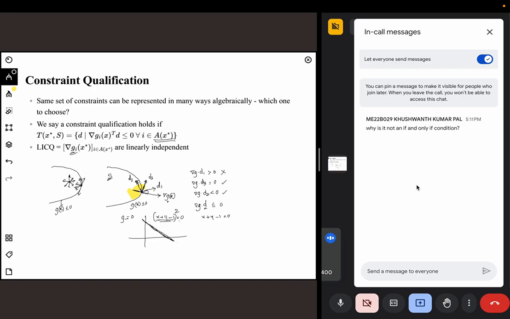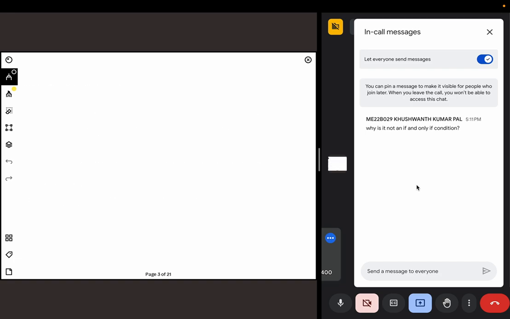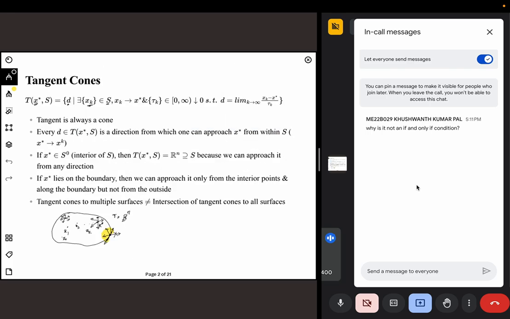And there is another way to interpret this. I told you previously that when you have multiple constraints, and you take an intersection of all these constraints, and then you want to find the tangent cone of the intersection of all these surfaces, we have to actually consider all the surfaces, create an intersection, and then represent that.